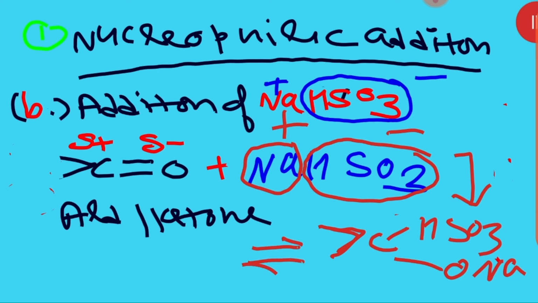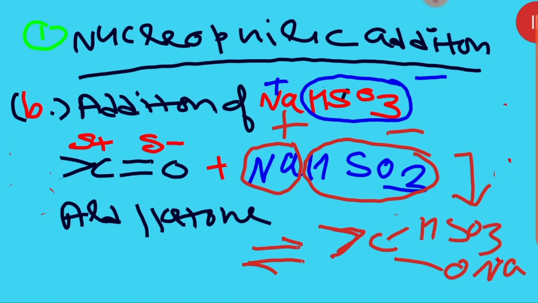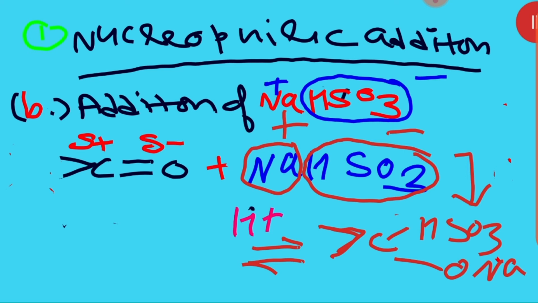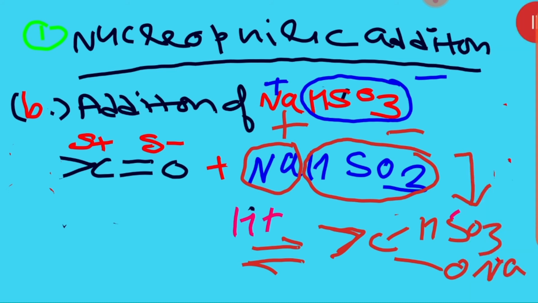Then after that we are going to do the proton transfer. In this, hydrogen can transfer. See, H positive transfers: this H can come here and this sodium can go there.